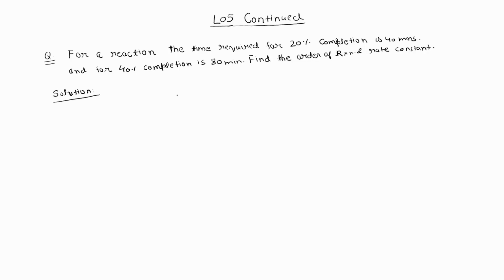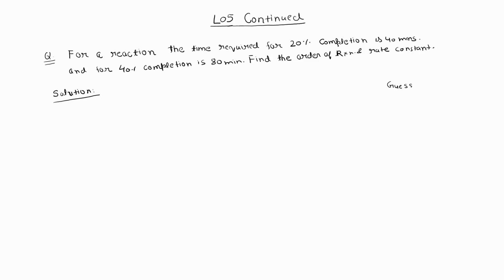So the algorithm for this type of question is that first we use, generally, the important order is first order reaction. Most probably the questions come from the first order reaction. So first we start by guessing the order of reaction.